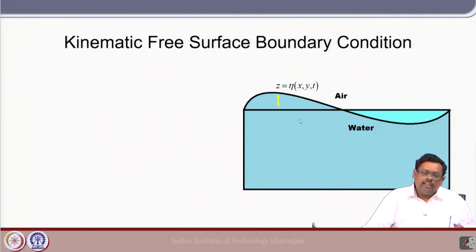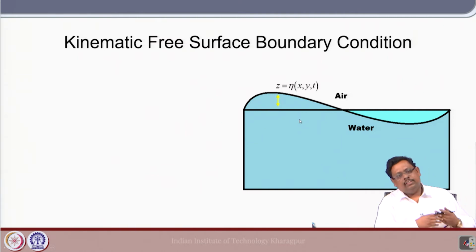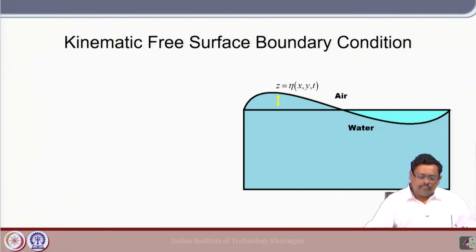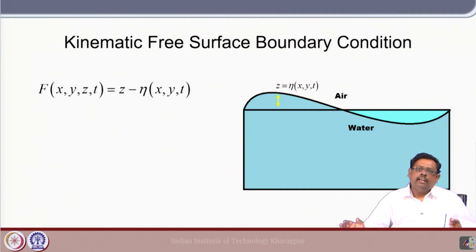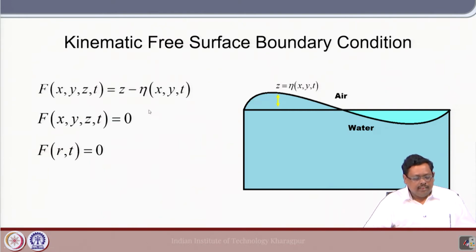Okay. Now, remember in my last class, when we called a surface a boundary surface, and the definition that we learned in the last class. Here I can simply write a boundary surface f, which is z minus eta x y t. Then this surface becomes f of x y z equal to 0, or we can say f of r t equal to 0.